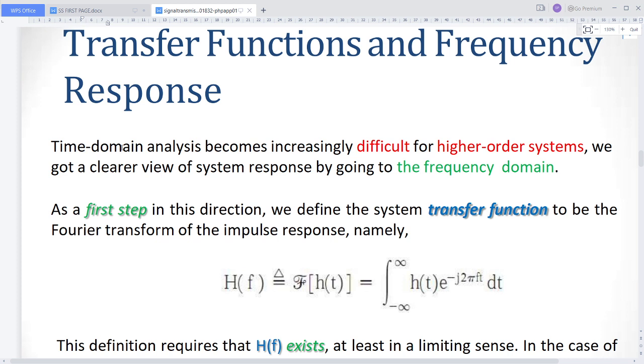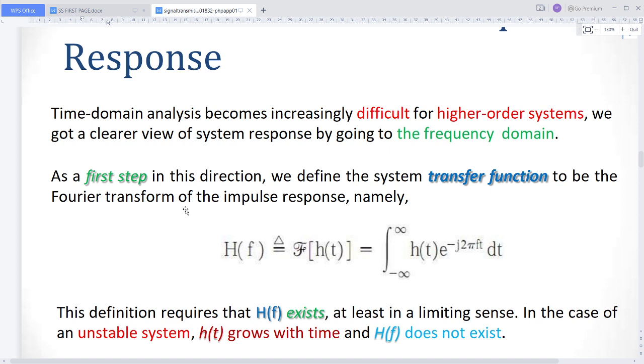If we analyze a signal in the time domain, it is very difficult. When we convert the time domain signal into the frequency domain, it offers ease of analysis, and the frequency domain can be applied to periodic and aperiodic signals also. All these things we discussed at the beginning of the third unit.